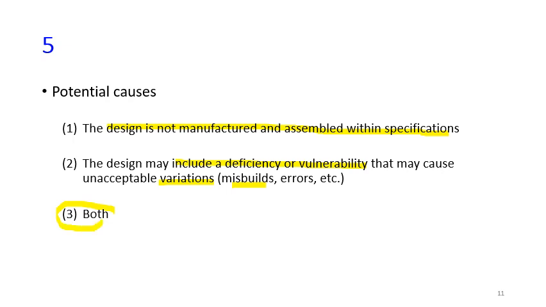The design itself has a deficiency, and then when it is manufactured, it is also not produced within specifications. So in column 5, FMEA wants the designer to think about what the potential causes are for the failure mode in column 2.